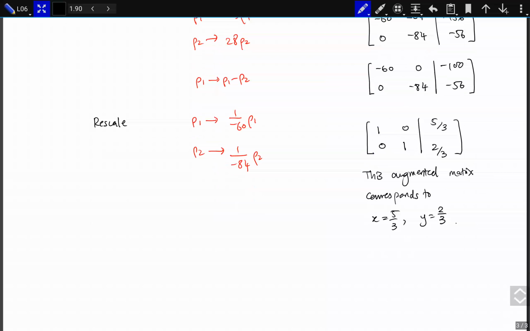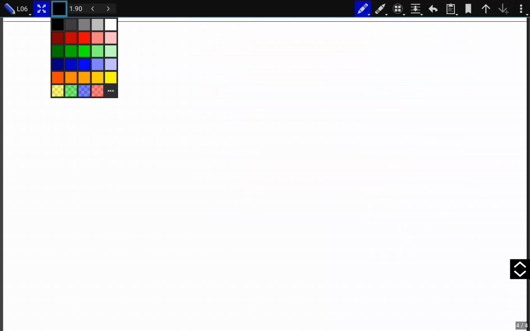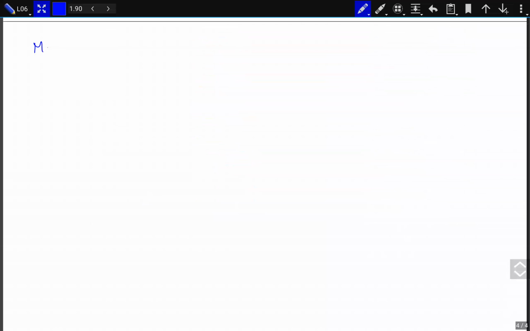We're going to talk about matrices in echelon form. This is just a definition to get you going with the next lecture, where we're going to do much more on this. So let me give you a sketch.